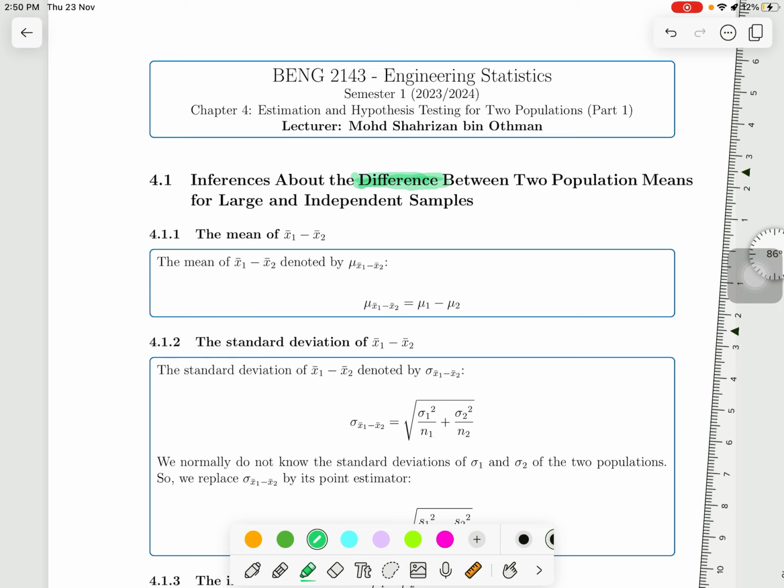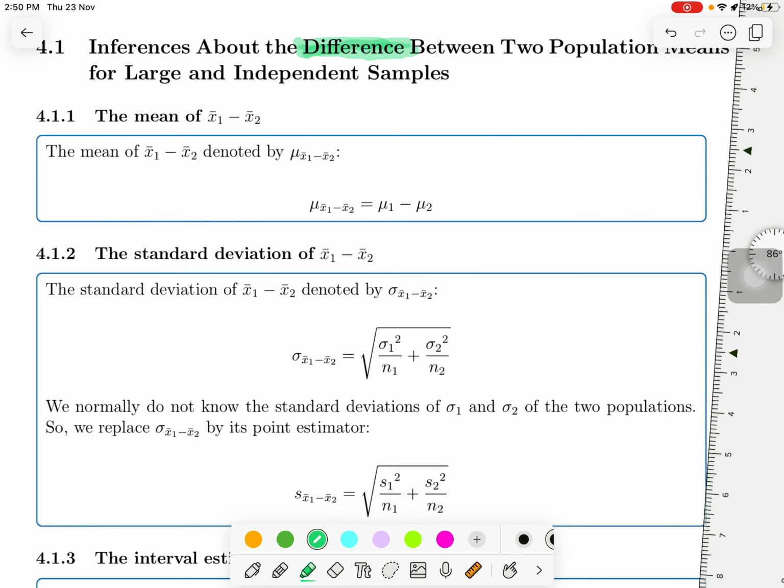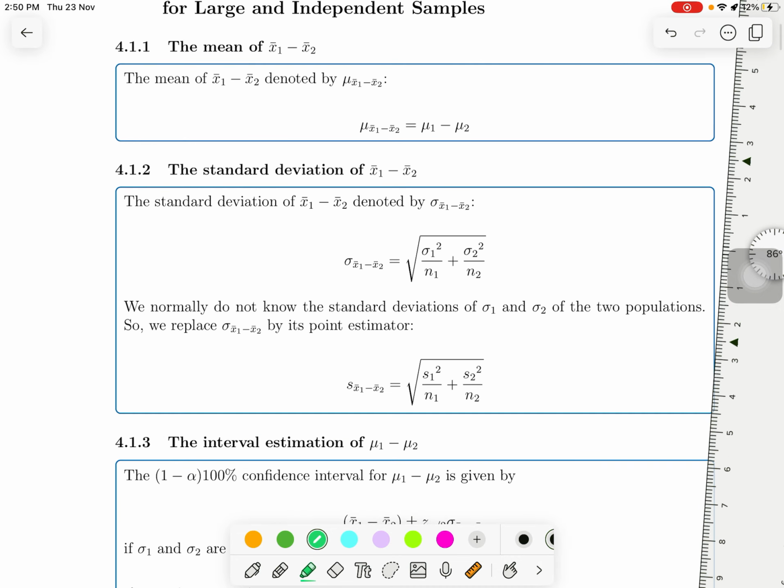And the standard deviation of x bar 1 minus x bar 2 denoted by sigma of x bar 1 minus x bar 2 is equal to what is shown in this table. So you have to highlight this one.